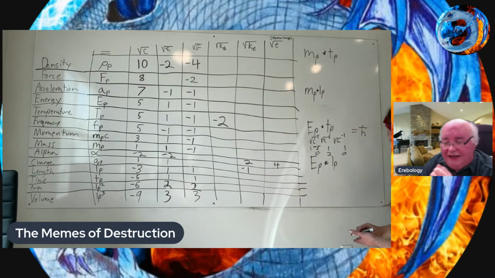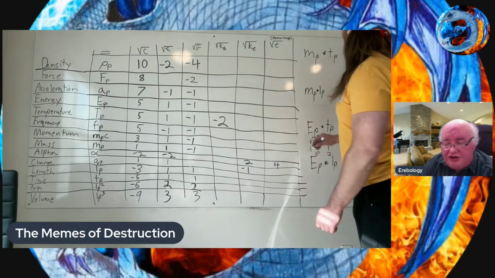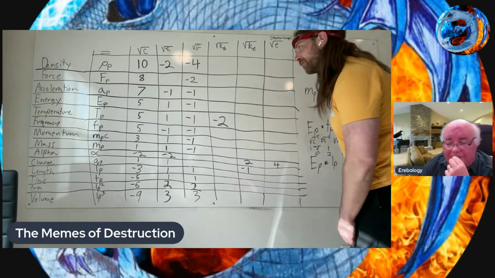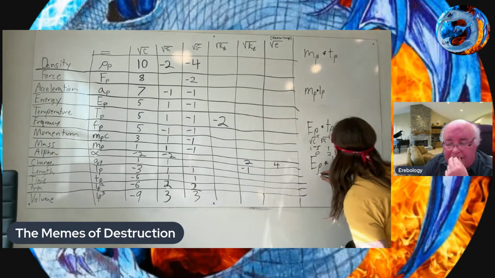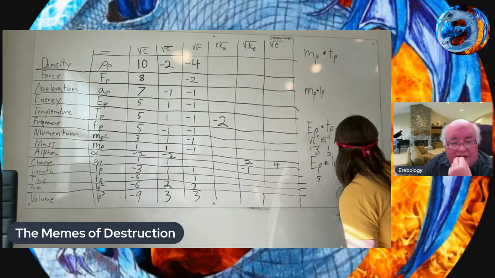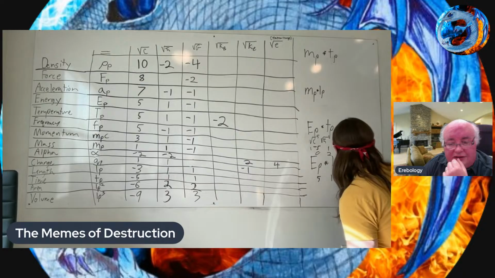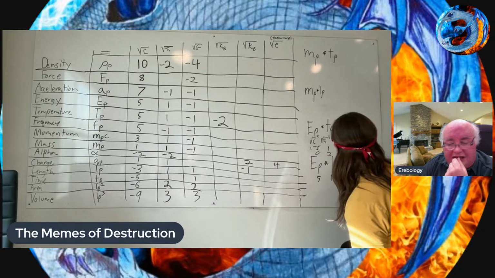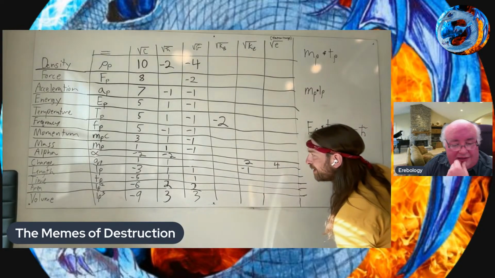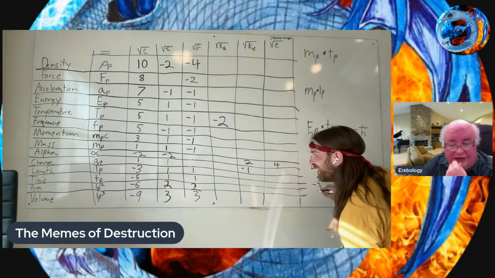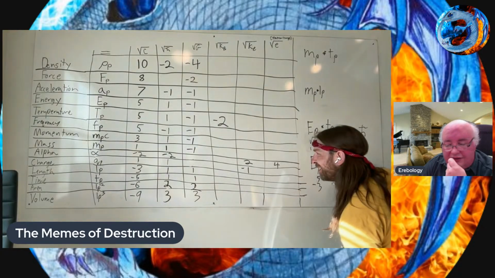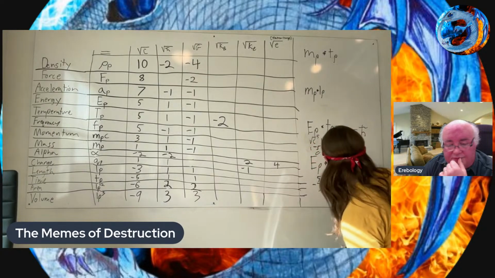Now just do the columns for the next one. Don't bother writing it down, you know you have 3 columns. EPLP. So EP would be 5, 1, -1. And then LP is -3, 1, 1, 1.